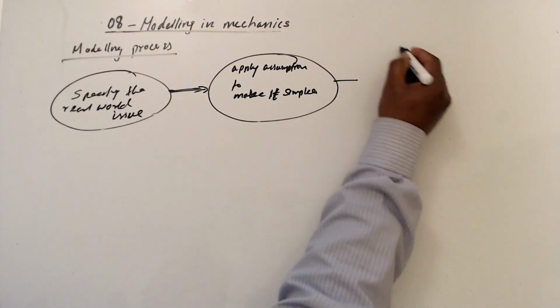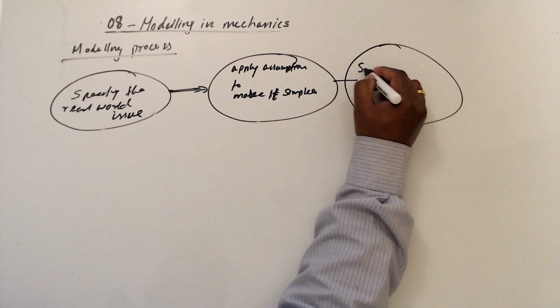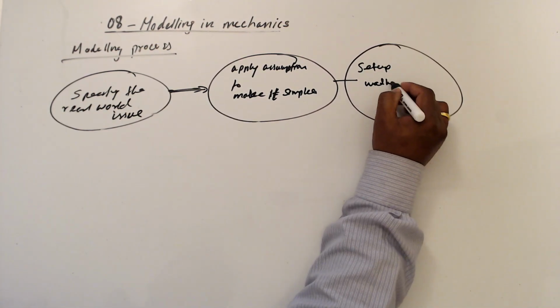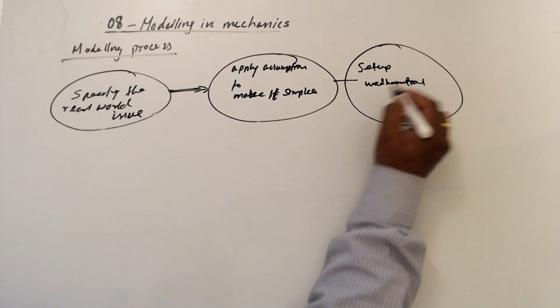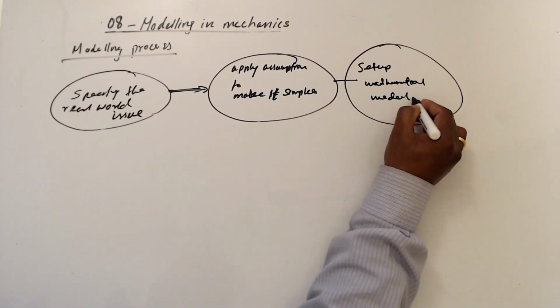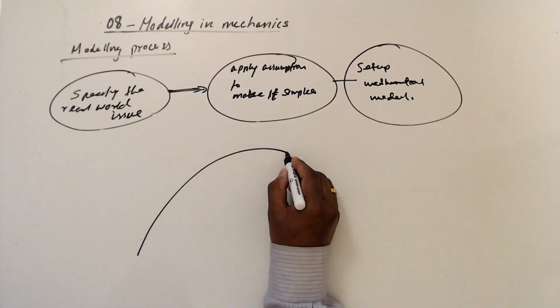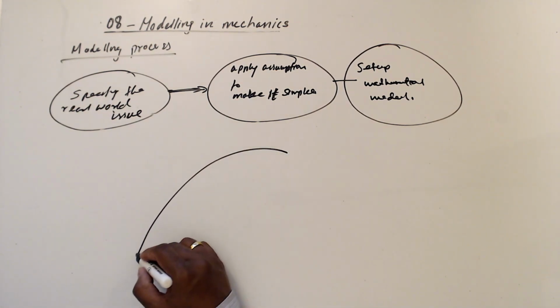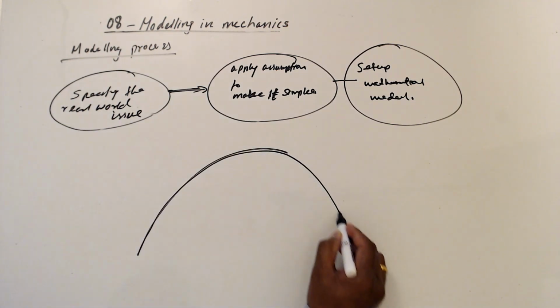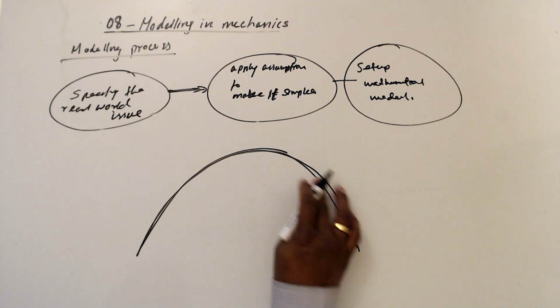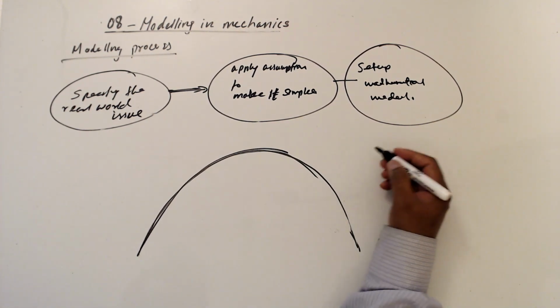Then we set up a mathematical model. If we throw a ball, the path of the ball is similar to a parabola, which we know.